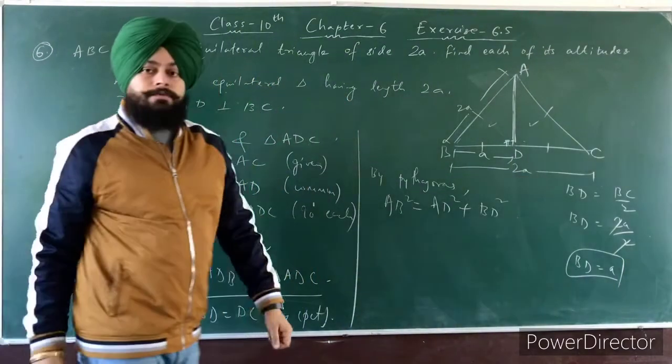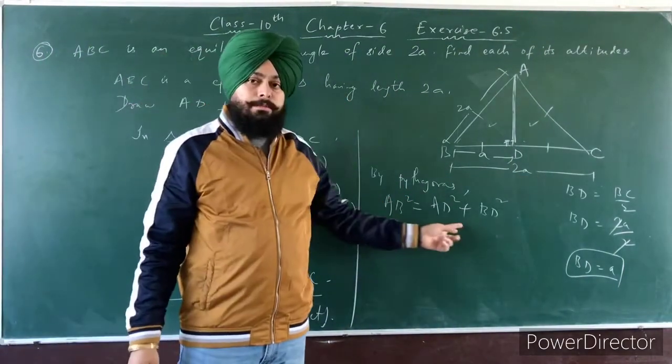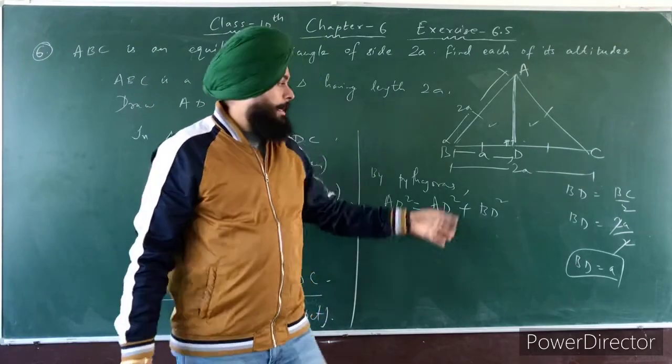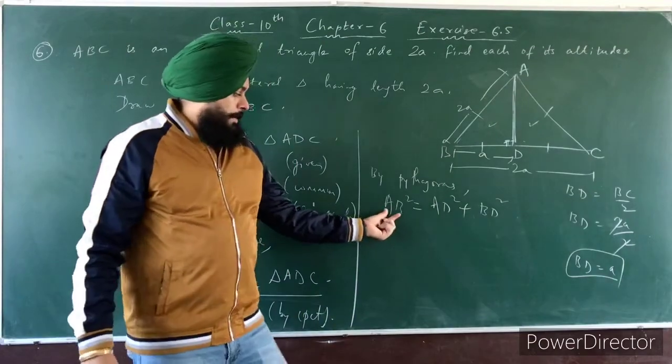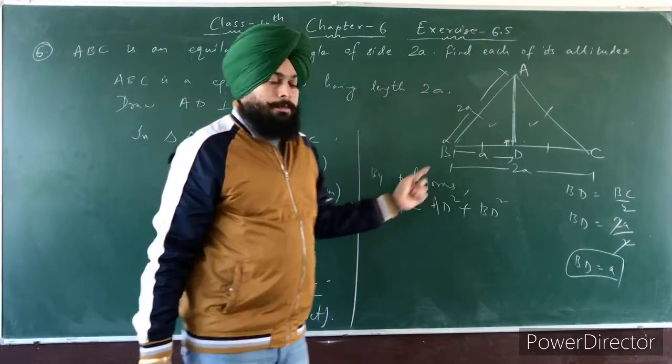The square of the hypotenuse is equal to the sum of squares of the other two sides, and hypotenuse is AB. Now what is AB? Length of AB is 2a. So put here 2a.